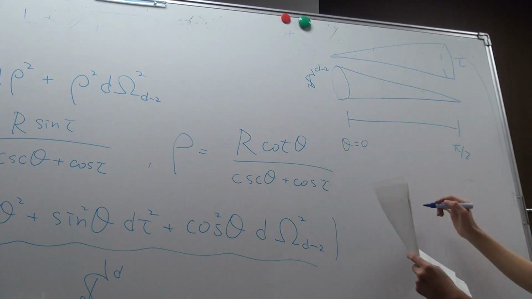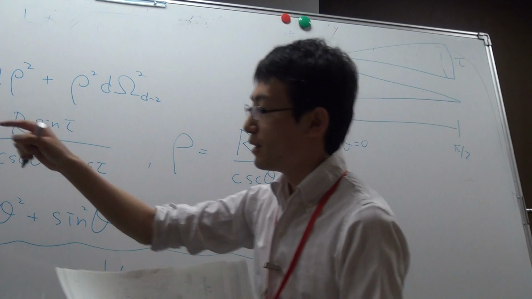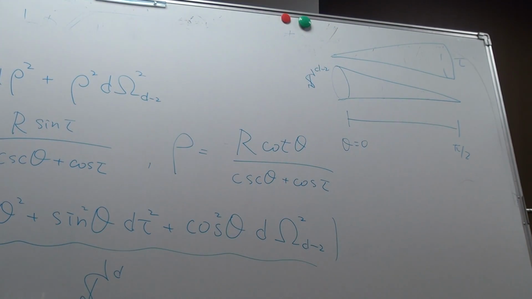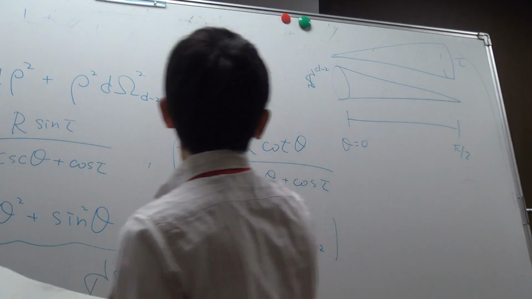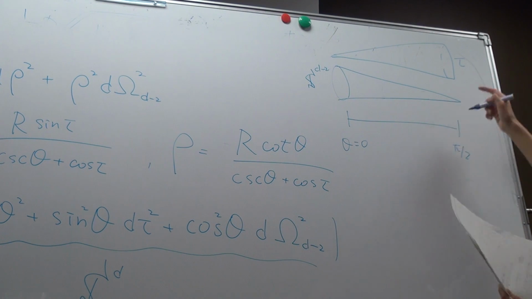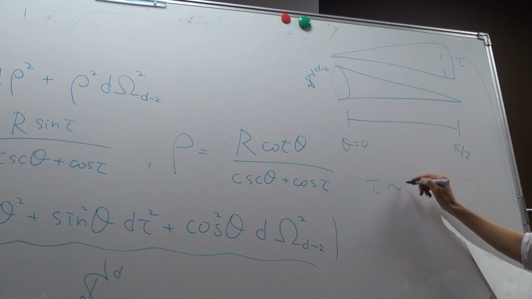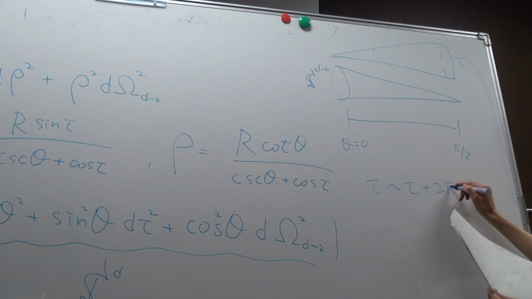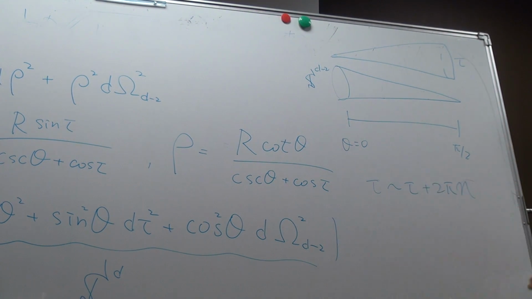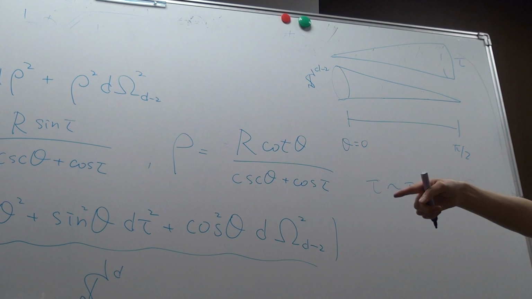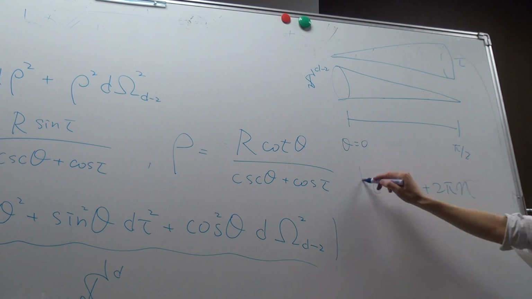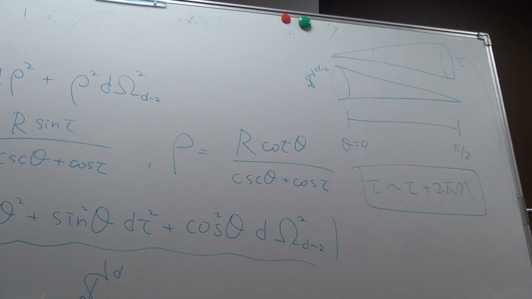But okay, so we want to consider the partition function on M_n, not flat space. So usually the period of tau is equal to 2 pi, but we have to multiply n to get the covering space, M_n. Well, this is very easy because you just change the period of the tau circle.